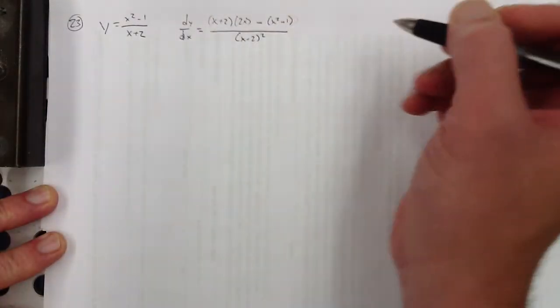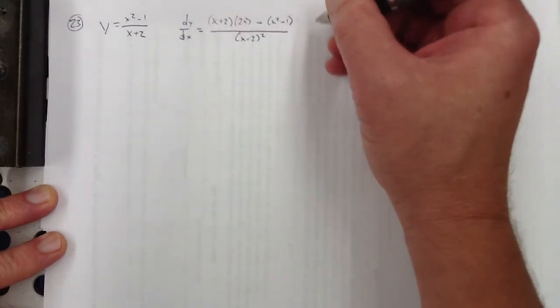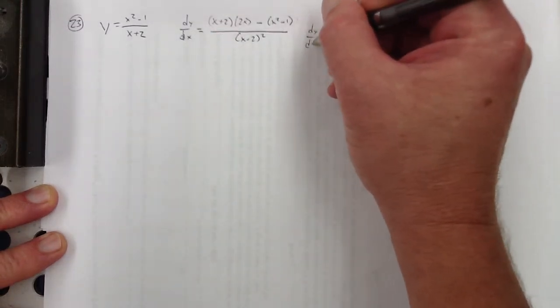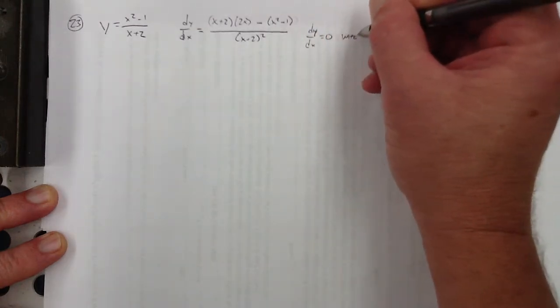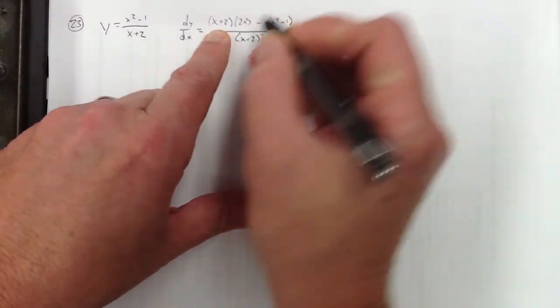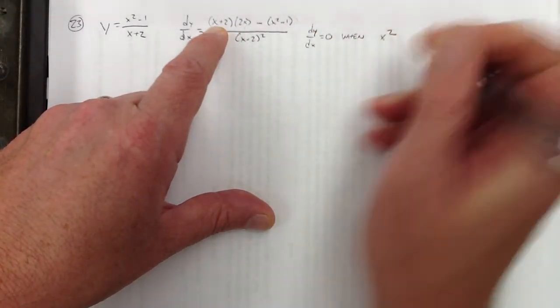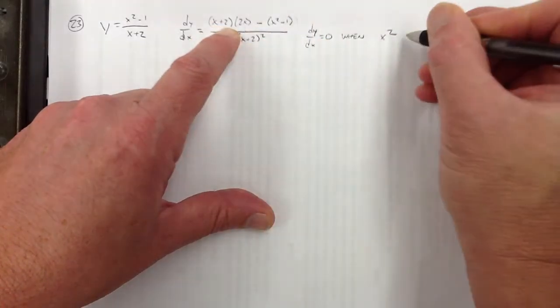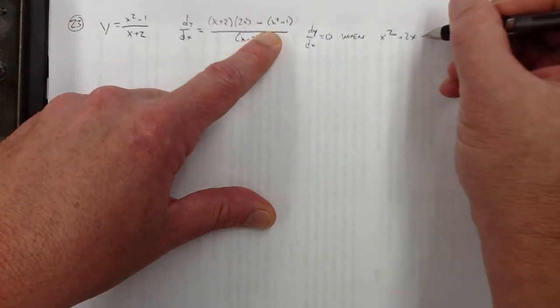So this is a case where I'm going to simplify this now because I want to do some more work with it. So dy/dx equals 0 when this, which is 2x squared minus x squared, 2x plus 1.